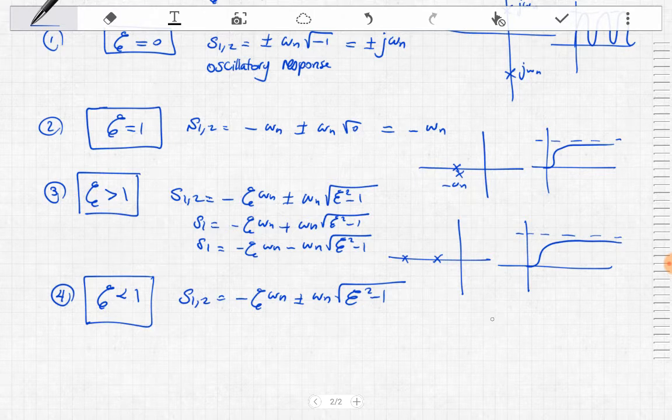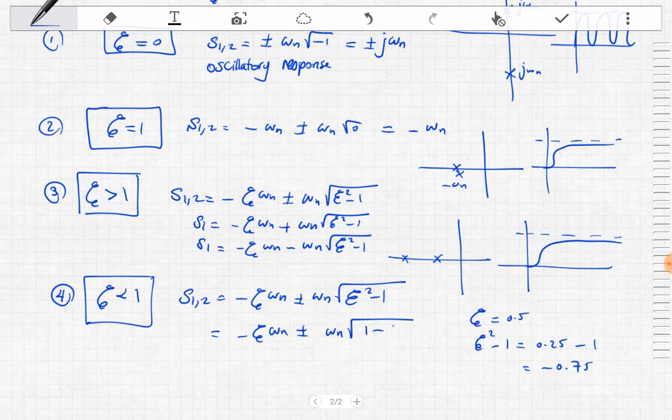Let's say eta equals 0.5. Then eta square minus 1 will be 0.25 minus 1, which is minus 0.75, so it's negative. So I write it as minus eta omega n plus or minus omega n times j times the square root of 1 minus eta square, because of the negative 1.